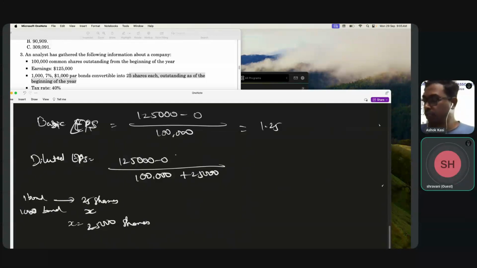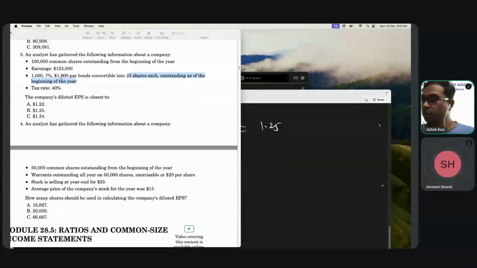Now when it is created, you don't have to pay interest, so that will become your income. How much interest are you paying? 7% of 1,000 into 1,000, because one bond's value is 1,000.